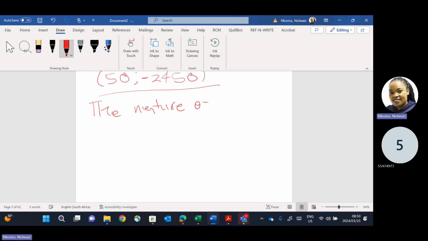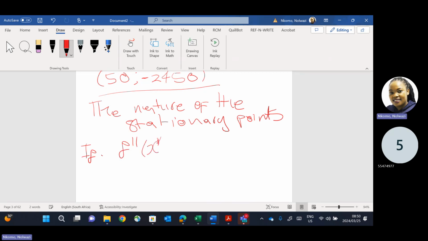The nature of stationary points. If the second order derivative at that point is less than 0, then that point is the maximum point, right?